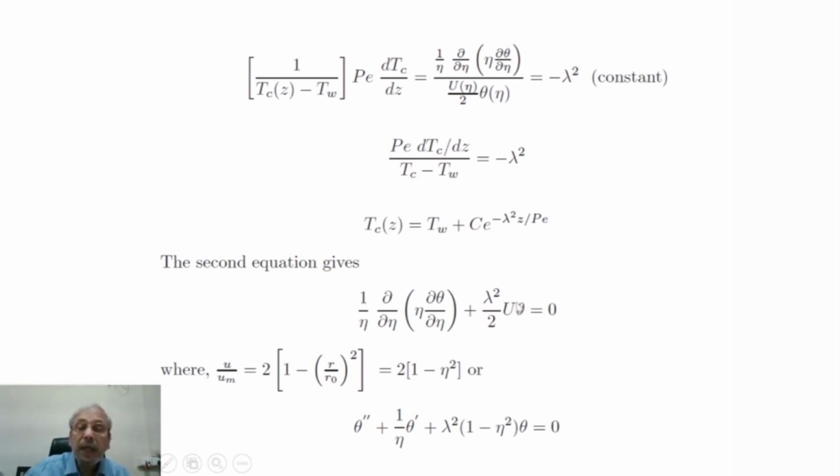So we can substitute U and then this equation gets into this form: theta double prime plus theta prime by eta plus lambda square into 1 minus eta square theta equal to 0. We can see that this is a second order equation and we have to find a suitable technique for solving it.